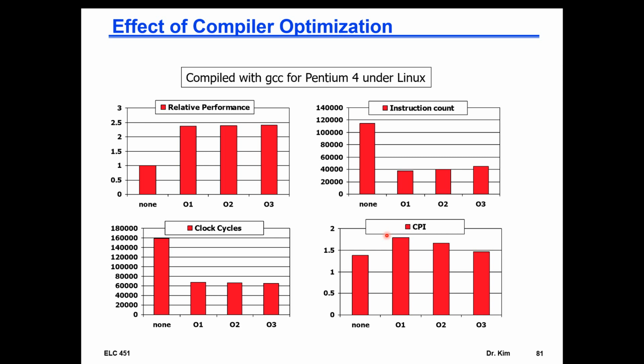While as we go up in optimization, the highest optimization level is using mostly the same type of simpler instructions of the non-optimized case, but we're also getting a lot of performance improvement.